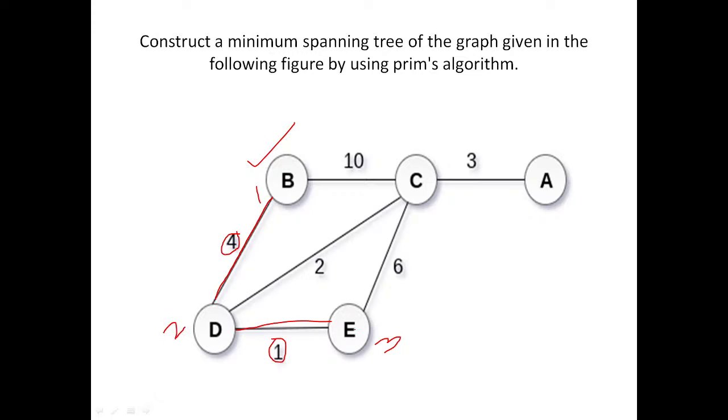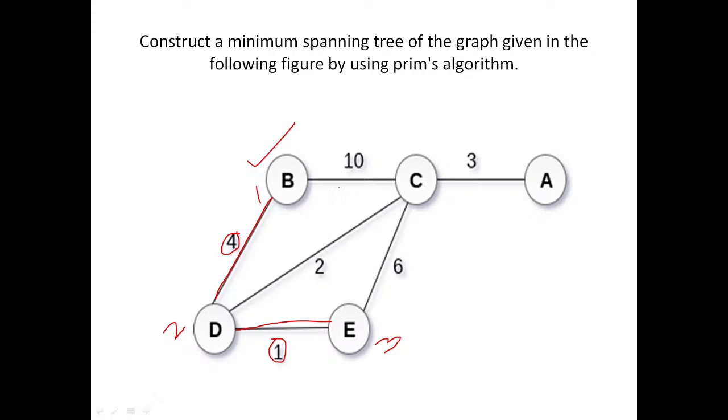For EC there is an edge, but for exploring C, we have already encountered two more options, that is BC and DC, along with EC. So we will consider the minimum one among all the possible ways.